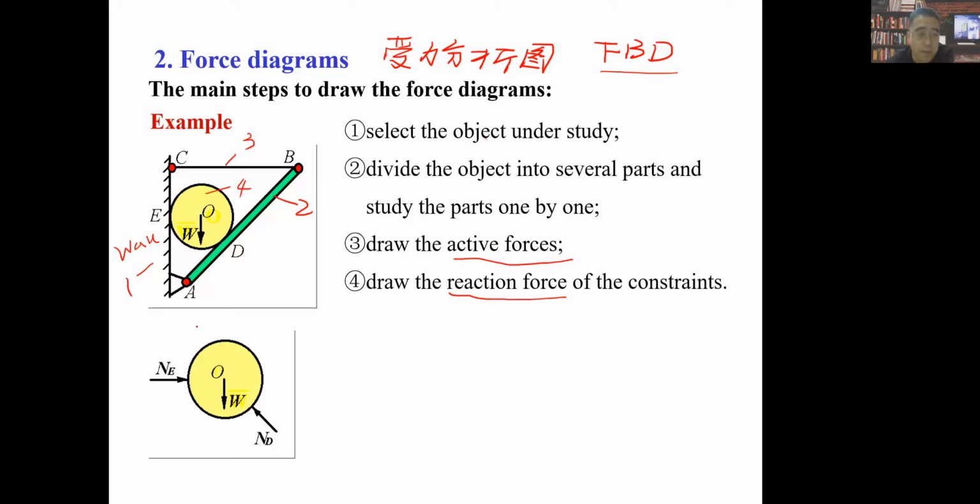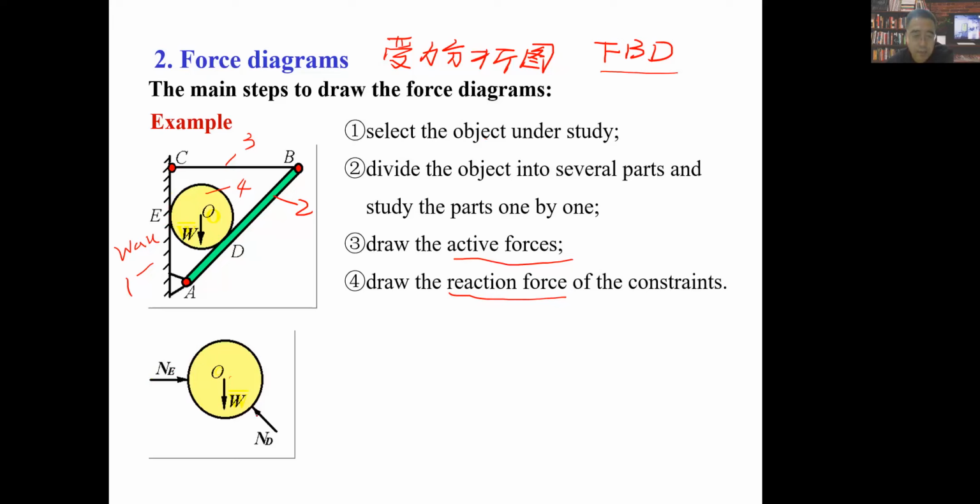From this one, first we imagine drawing its common tangent line here, and through this contact point E, we draw its normal line, which is perpendicular to the common tangent line. So we have an NE here. Do you understand? Actually this means the force acting on this body by the wall, right?